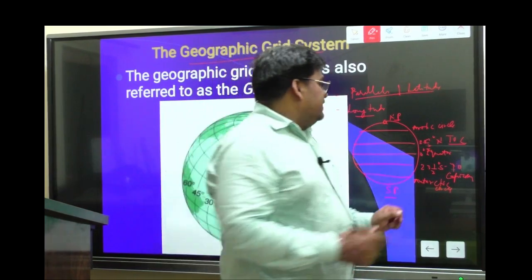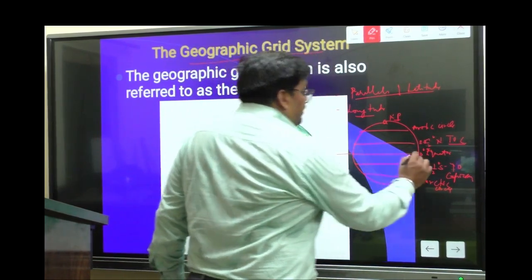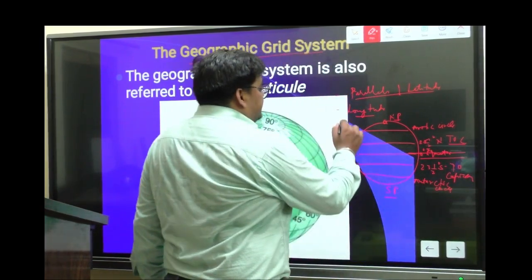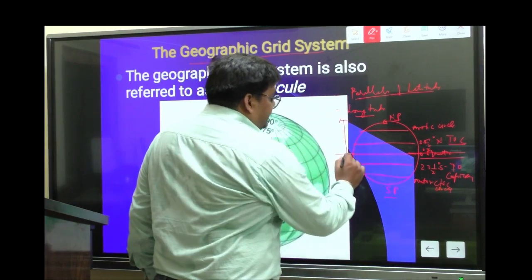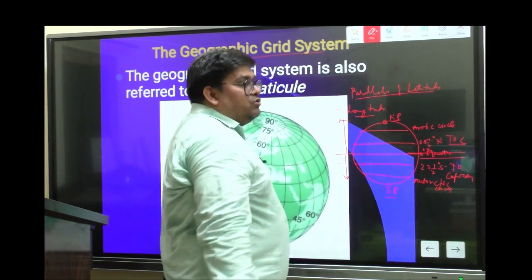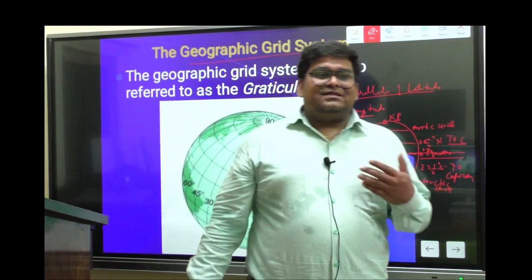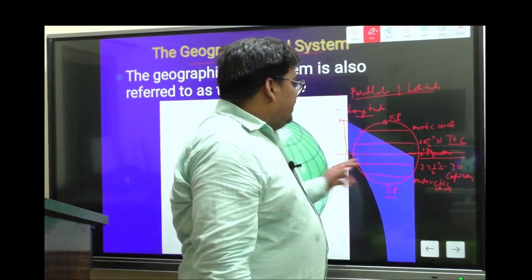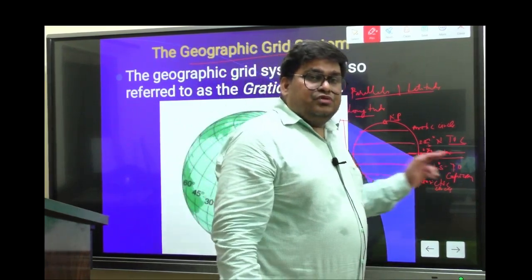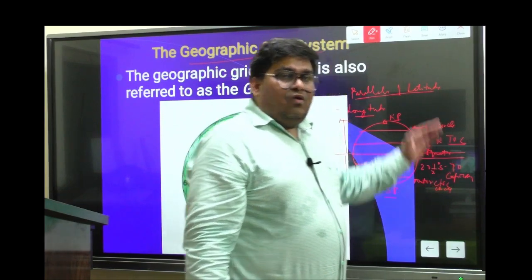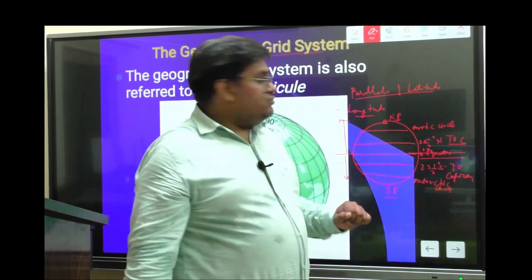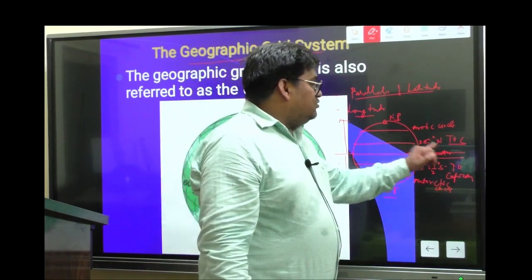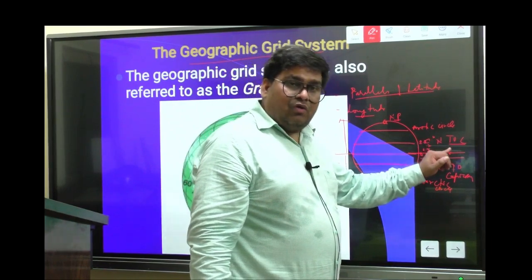So we will say that since the equator divides the earth into two parts, they are basically dividing the earth into the northern hemisphere as well as the southern hemisphere. So we call them the positions of this latitude along northern and southern direction. So you will say 23.5 degree north.